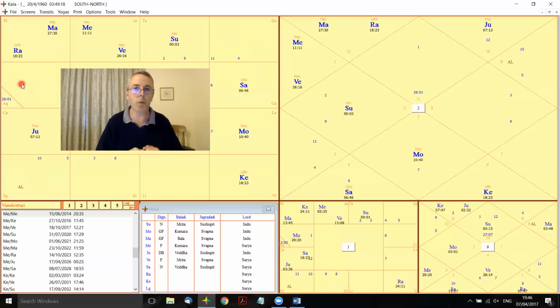There's just so much, almost every single thing that you could think of about Rahu and Ketu. This is the Rahu and Ketu course. It's going to be going on for quite a long time.